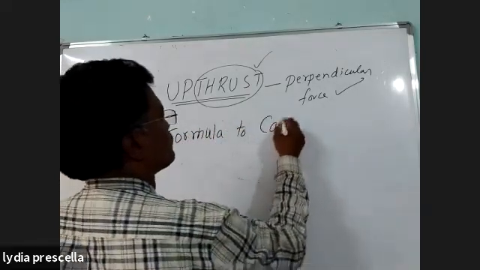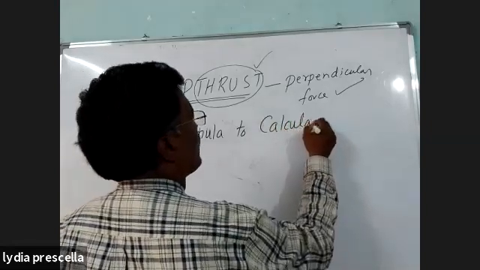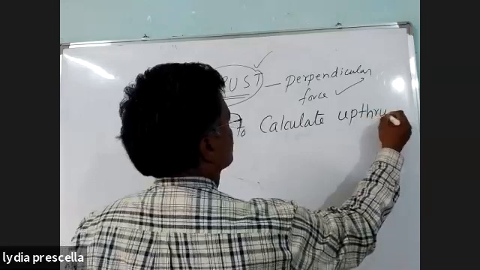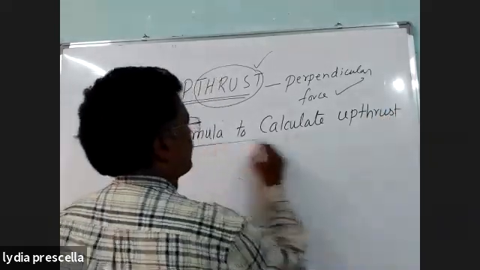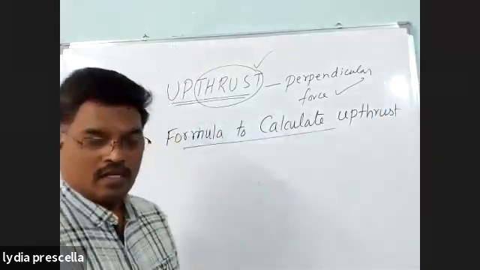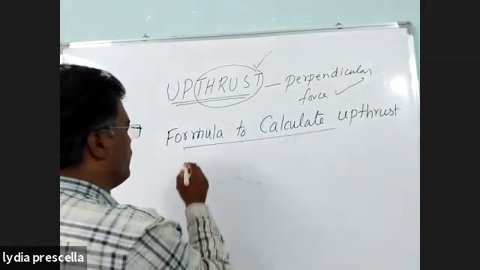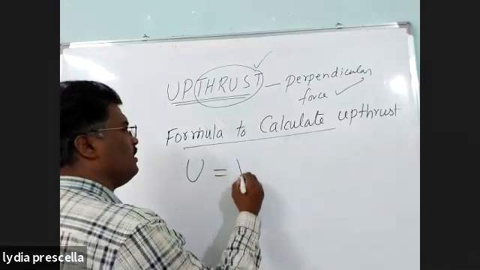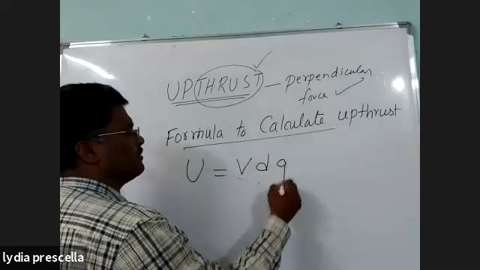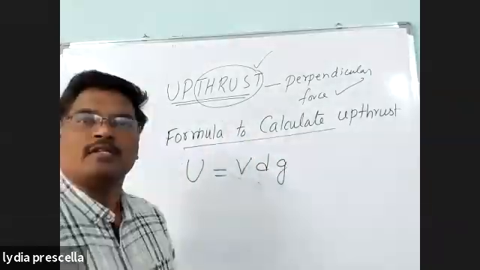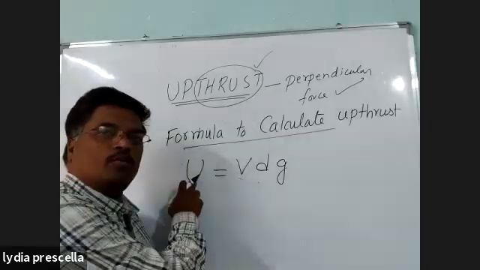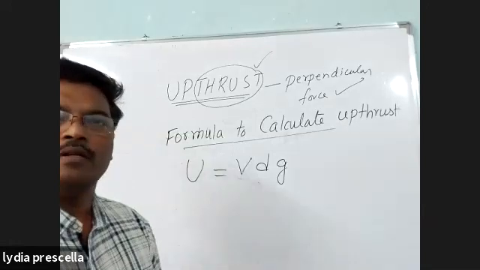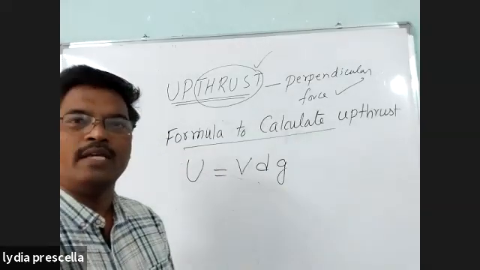Upthrust is given by the formula: upthrust is equal to V d g. U means upthrust. V. Some children write simply V means volume.